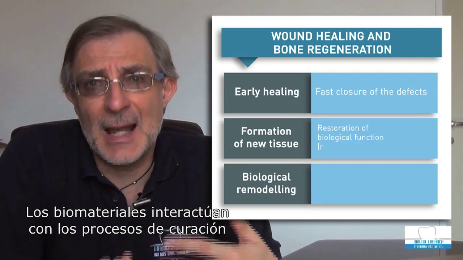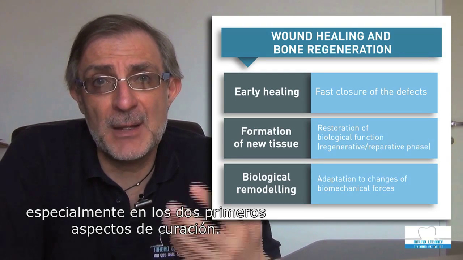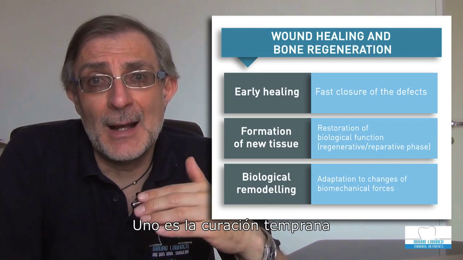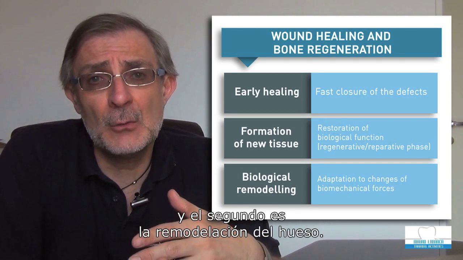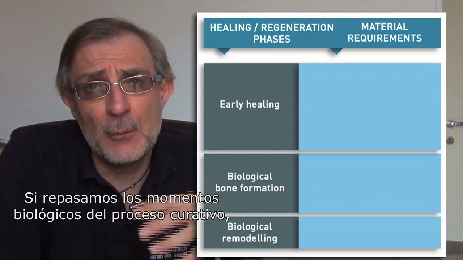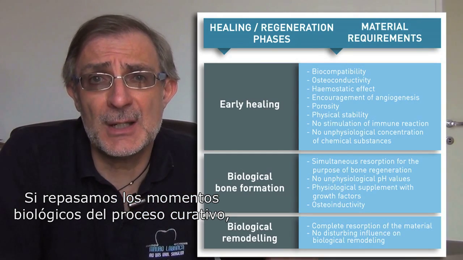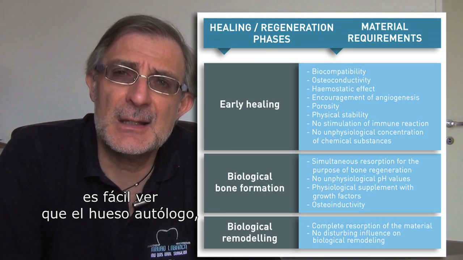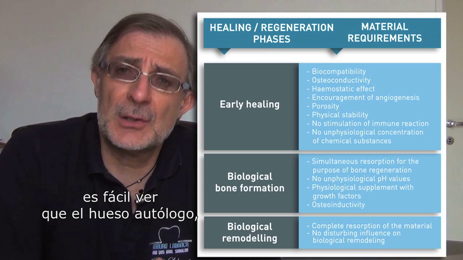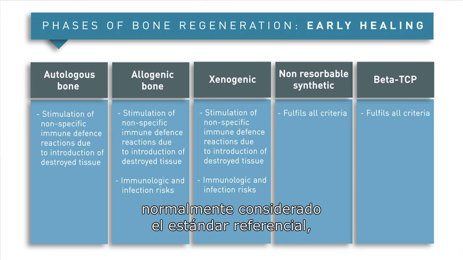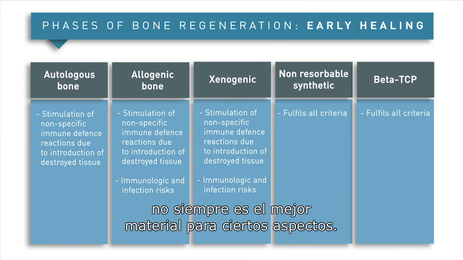Biomaterials interact with the healing processes, especially in the first two healing phases. One is the early healing, and the second one is the remodeling of the bone. And if we go through the biological moments of the healing processes, we can easily see that the autogenous bone, usually considered as the gold standard, is not really the best material for some aspects.